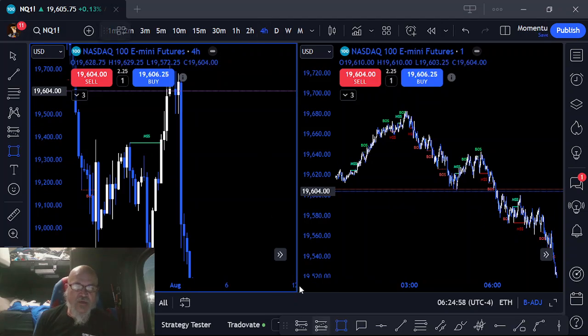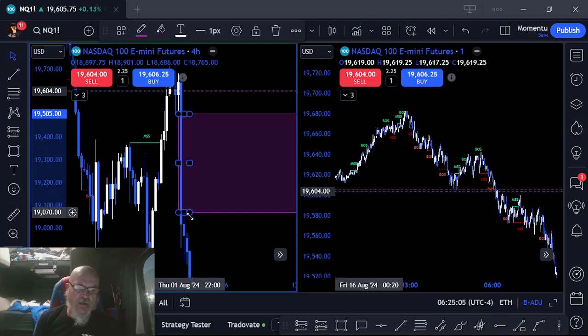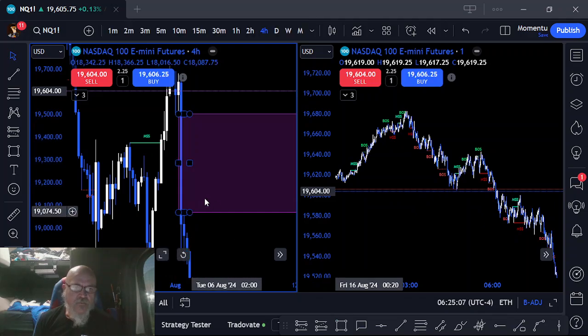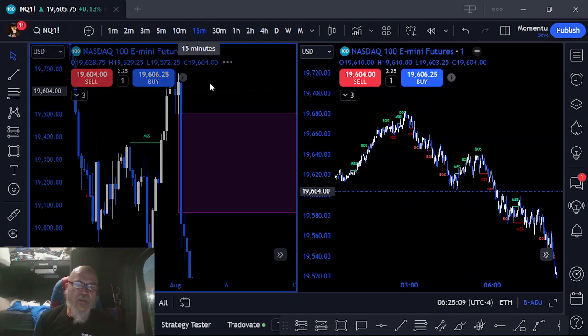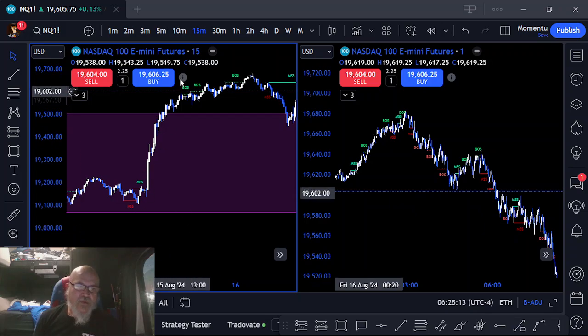We had this big 4 hour fair value gap here, pushed through pretty quickly, pretty hard on Thursday, and never really, this pulled back, but it didn't touch it.